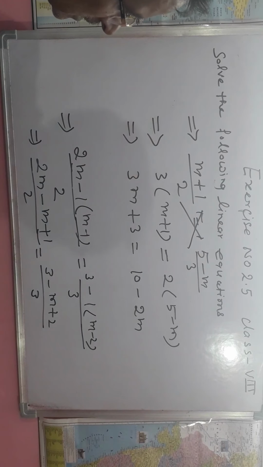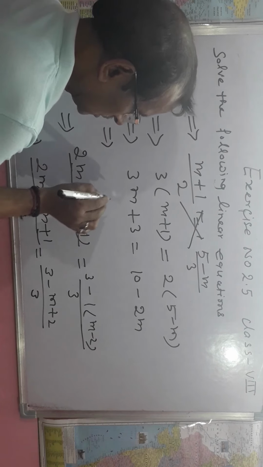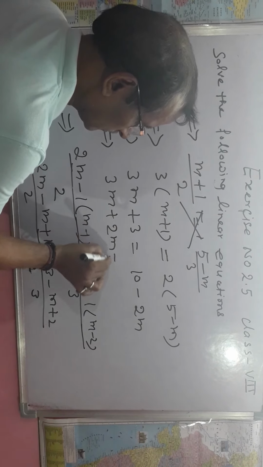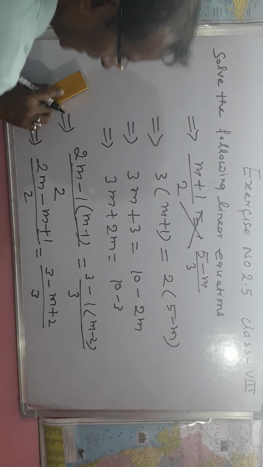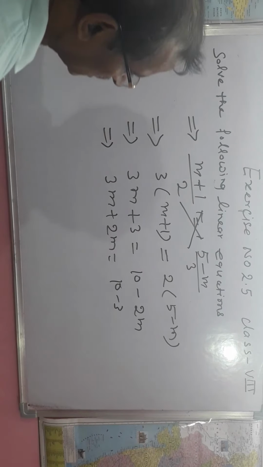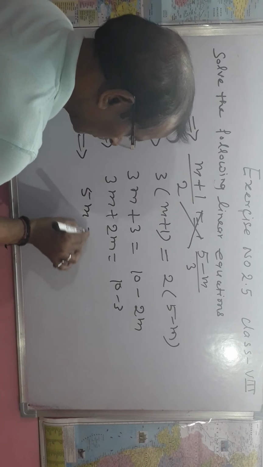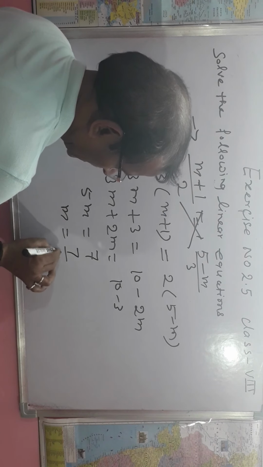Then we bring it to the same side: 3m plus 2m is equal to 10 minus 3. Then we get 5m is equal to 7, m is equal to 7 by 5.